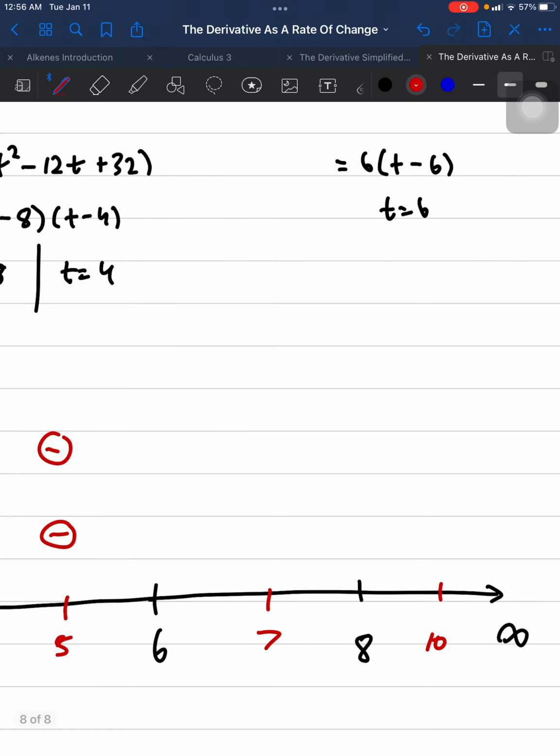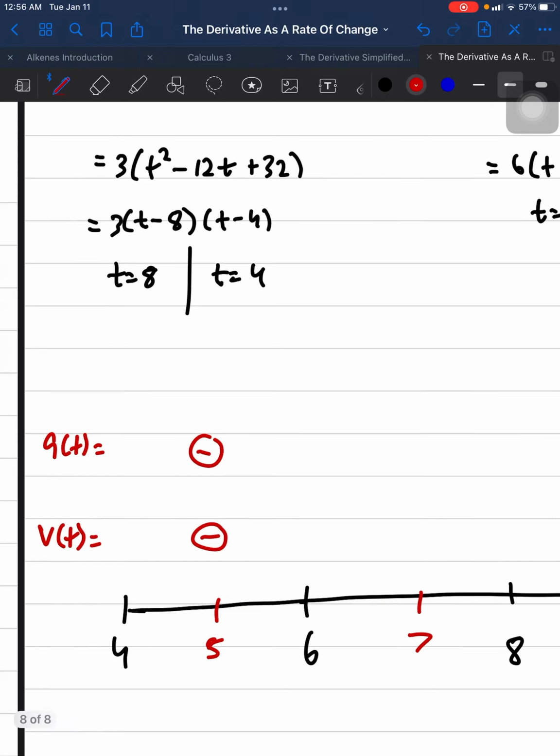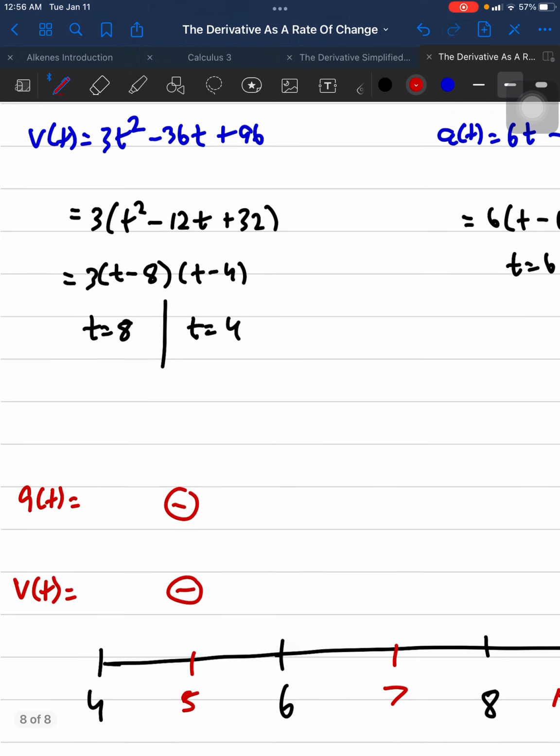So now when we plug in 7, let me plug that in. When we plug in 7, once again we get a negative value for the velocity.